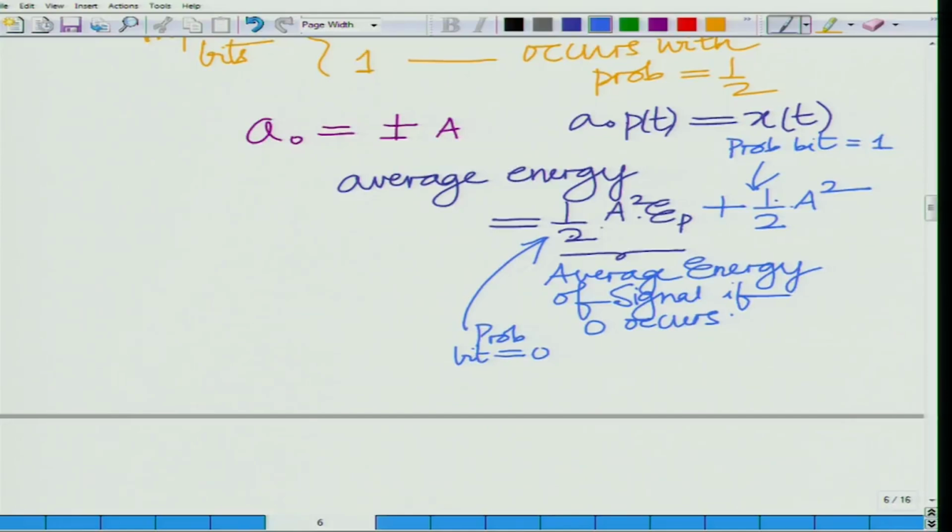When the bit equals 1, with probability half, multiplied by A square, which is the amplitude level, times the energy of the pulse E p, which equals half A square E p, that is A square E p. Further, we have set in this scheme E p equals 1. So, this is A square since E p equals 1, that is, we have normalized the pulse to unit energy.